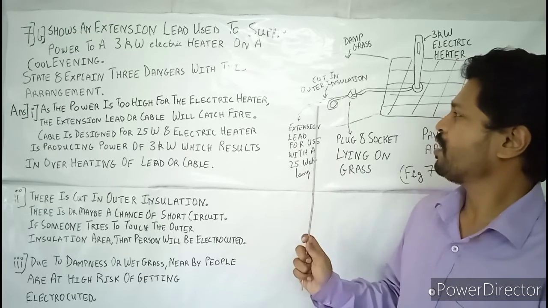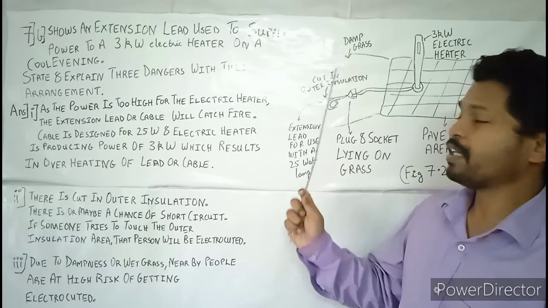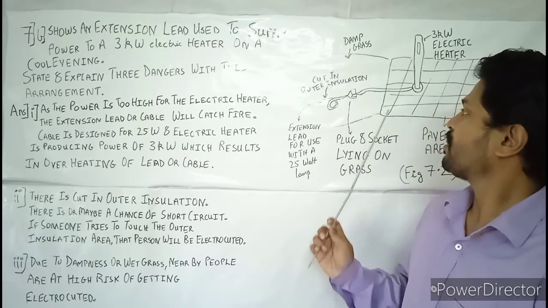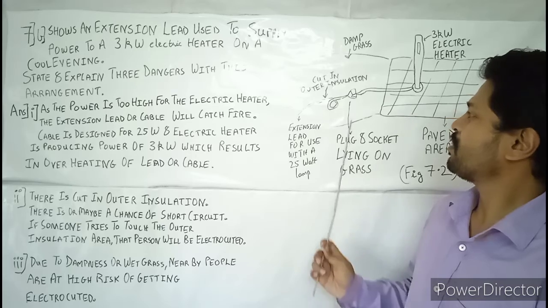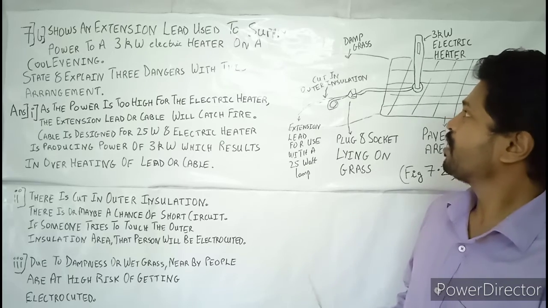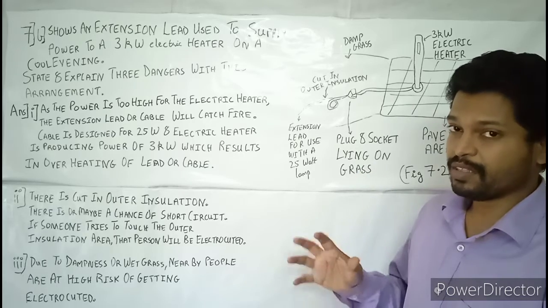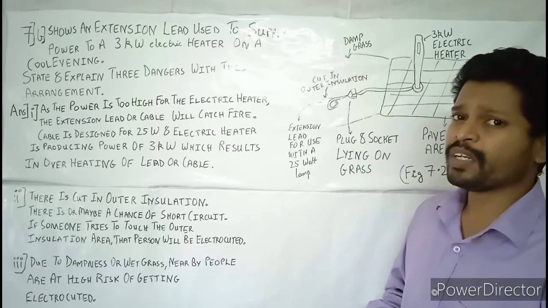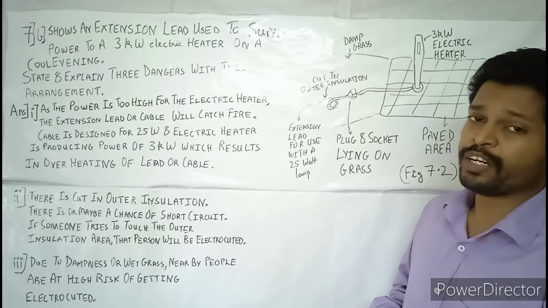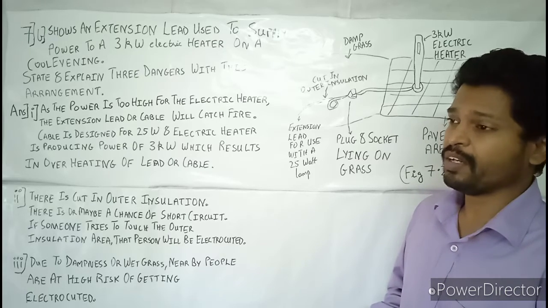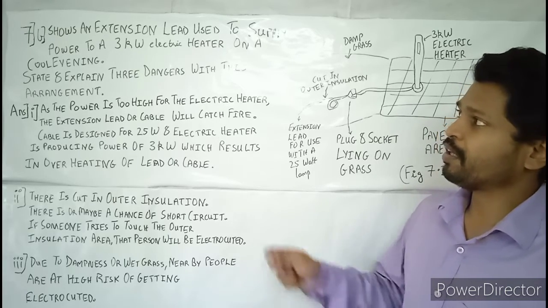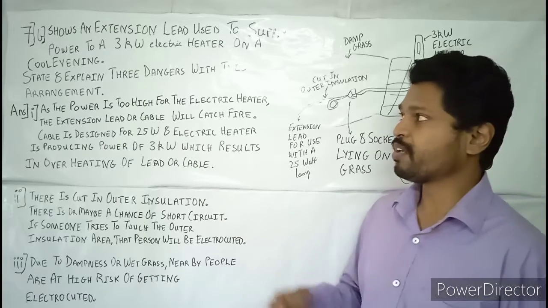There is a cut over here and the socket is over here in the damped grass, and there is a paved area over here. This is the plug marked over here, and this is the electric heater. It is consuming 3 into 10 raised to 3 watt of electricity.